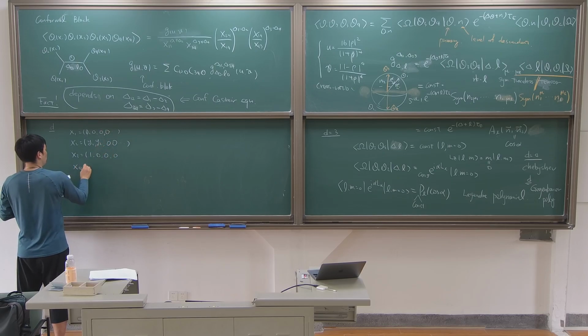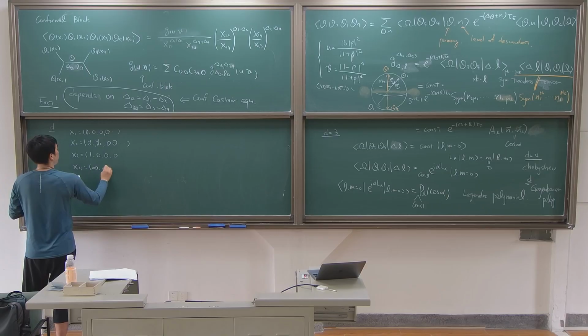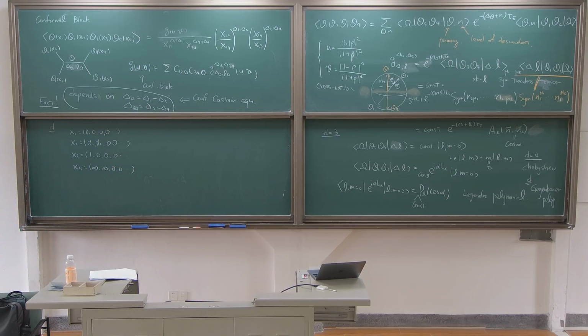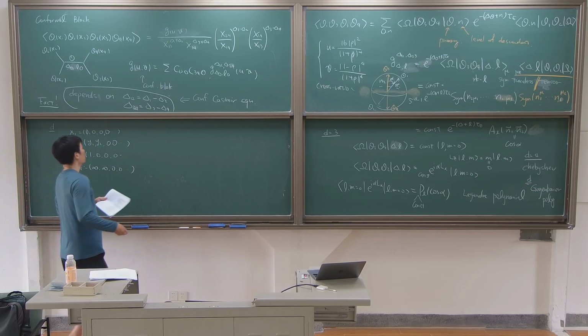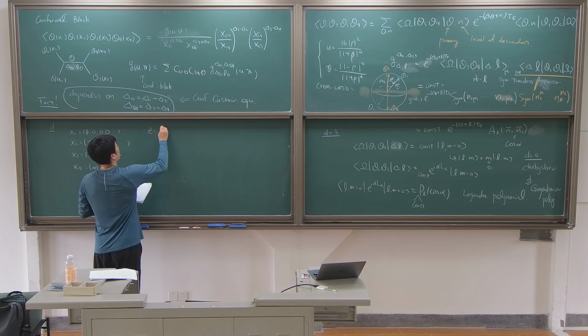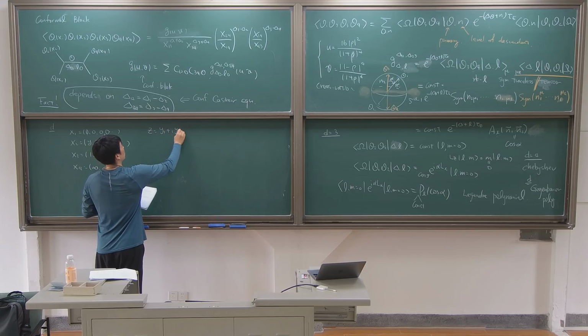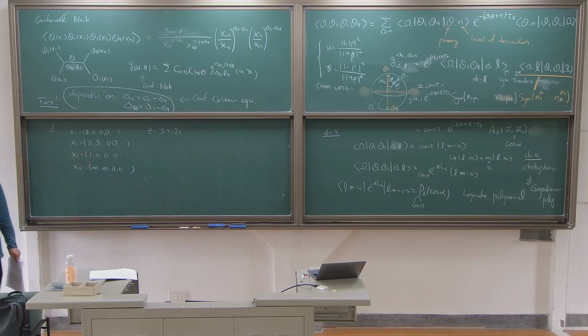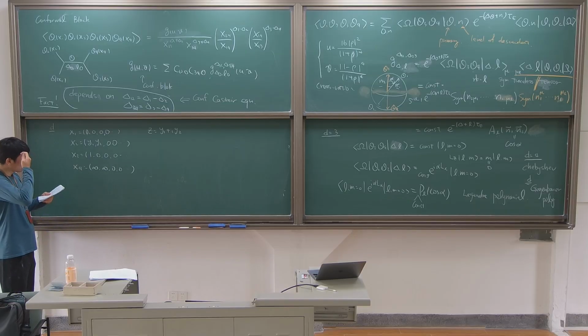And x4 to be infinity, infinity, 0, 0, like this way. If you put it like this way, and set z to be y1 plus i y2, this is the convenient choice of coordinates for the 4-point function.